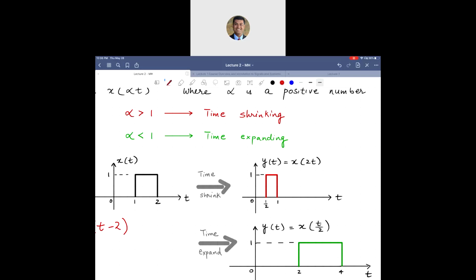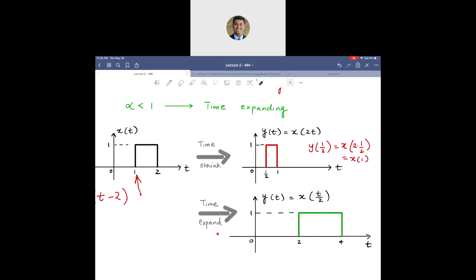Let's say I want to find out what y of half is. What is that? x of 2 times half, which is x of 1. x of 1 is the discontinuity going up from 0 to 1. That's exactly corresponding with what I have for y. Similarly, you can do this for any time. And I would recommend that you do keep track of that check.